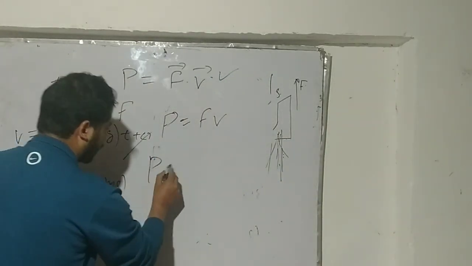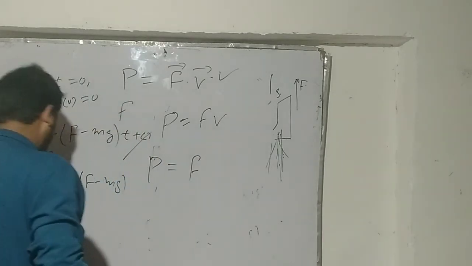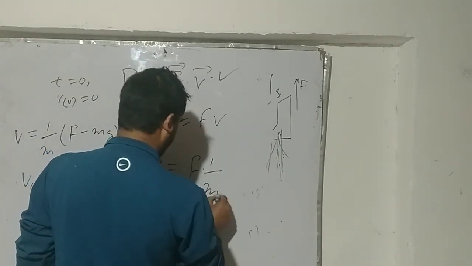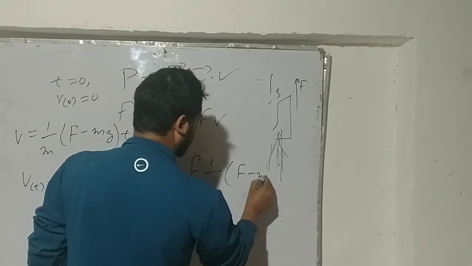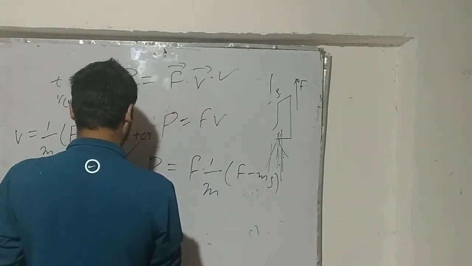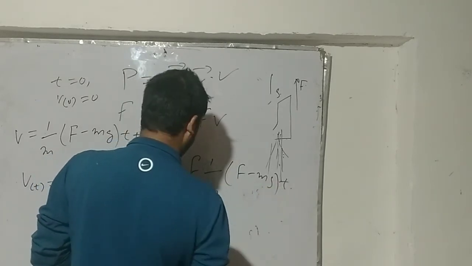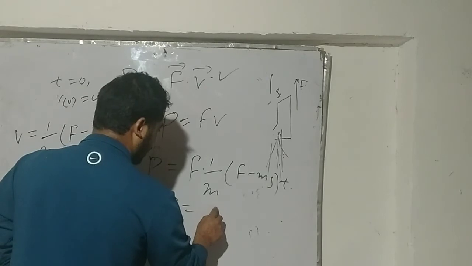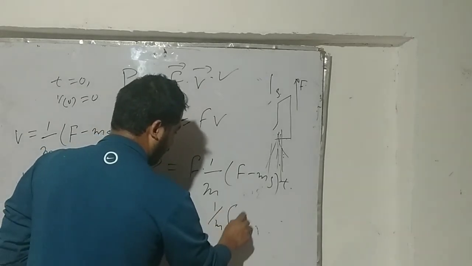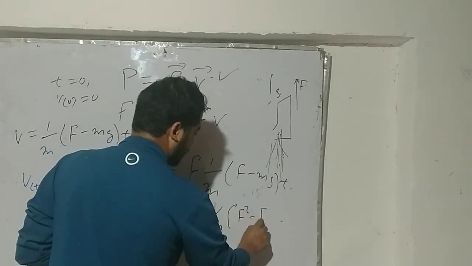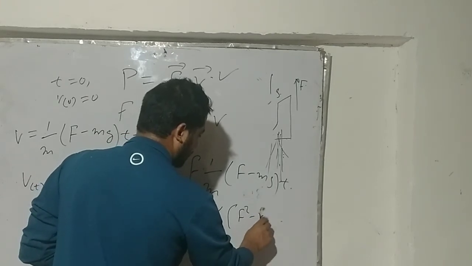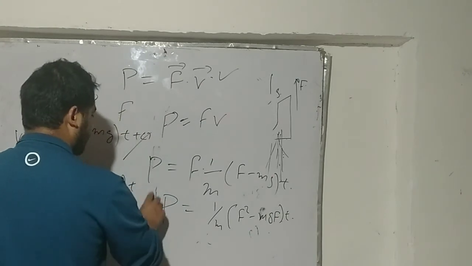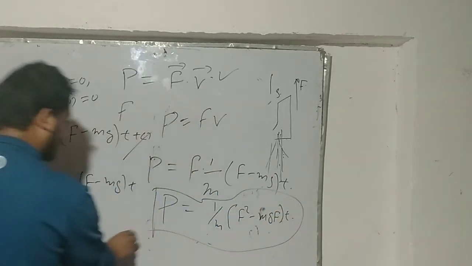Thrust is given, I have no need to calculate it, but if I substitute the value of velocity here, it will be 1 over m (F minus mg) t. Here t is the time interval for which thrust is constant. It will be 1 by m (F squared minus mgF) t. Okay, this is the rocket power.